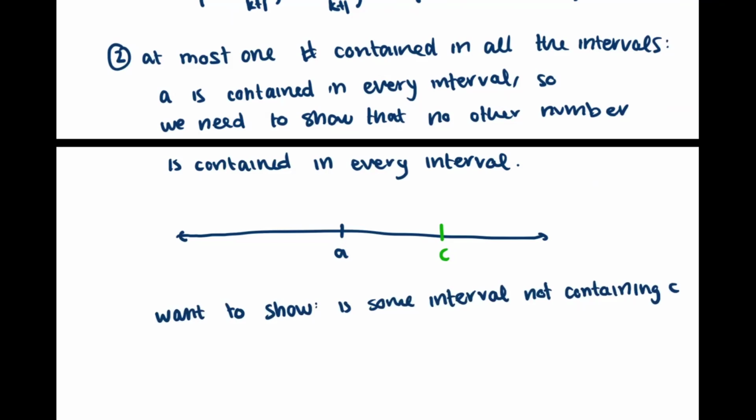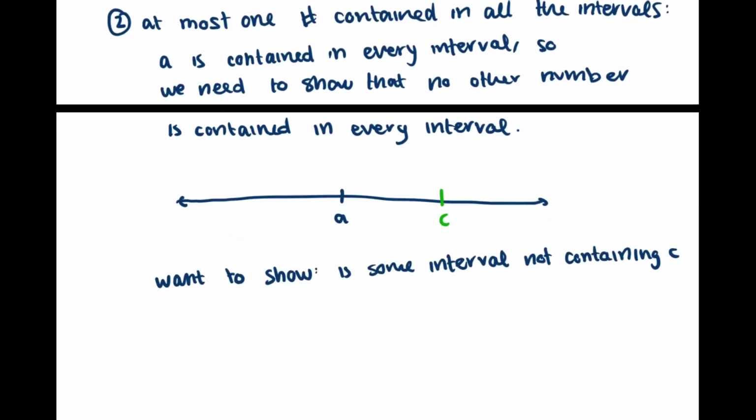Okay, so what are we going to do? Here's the strategy. We know that the intervals include numbers based on their distance from A. So we just need to find the one whose distance is closer than C is to A. Does that make sense?